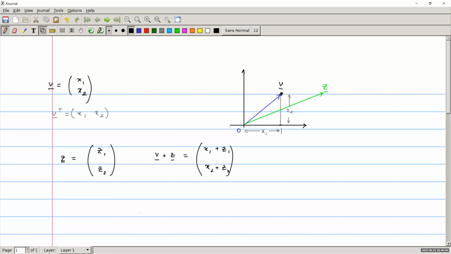So geometrically, how does v plus z look like? Let me just write z in a little different way because it makes it easier for me to draw.